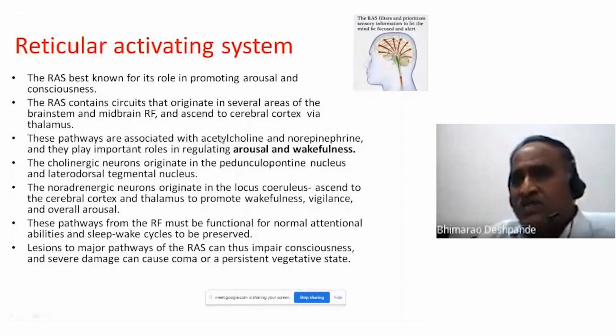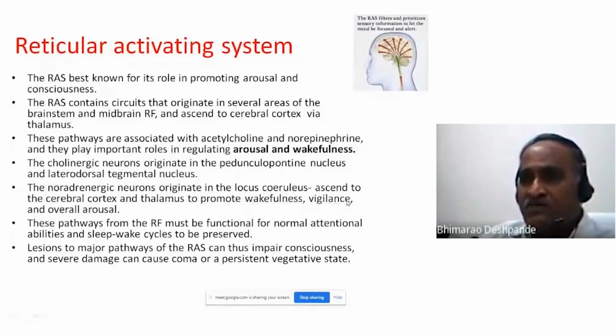These are associated with a number of transmitters, especially acetylcholine and norepinephrine. I will show about that. The cholinergic neurons come from the pedunculopontine nucleus and the laterodorsal tegmental nucleus. The noradrenergic neurons originate from the locus ceruleus, and these two are for the wakeful state, vigilance, and arousal.